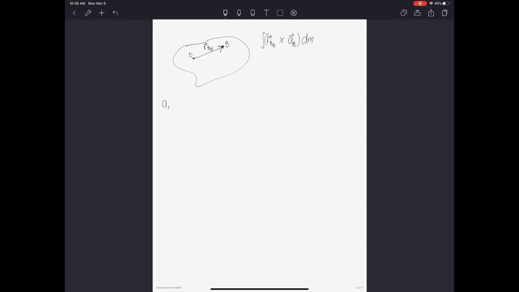The acceleration of B is equal to the acceleration of O plus the acceleration of B with respect to O, which is circular motion about O. That's omega cross omega cross r_B with respect to O, plus alpha cross r_B with respect to O. This is the general equation for acceleration of B with respect to O. The relative acceleration is the two right terms, and the actual acceleration of B is this entire expression.